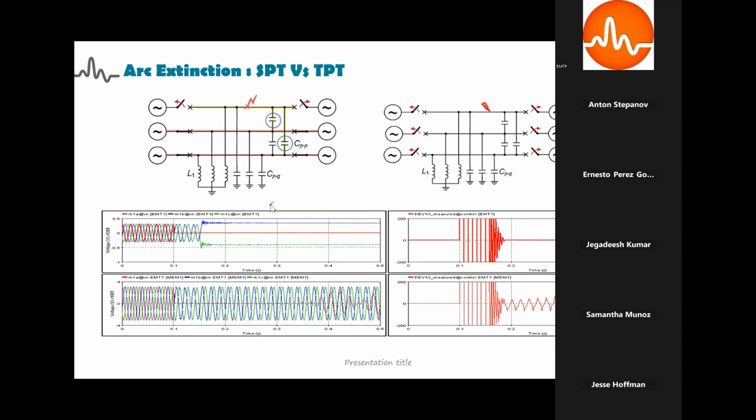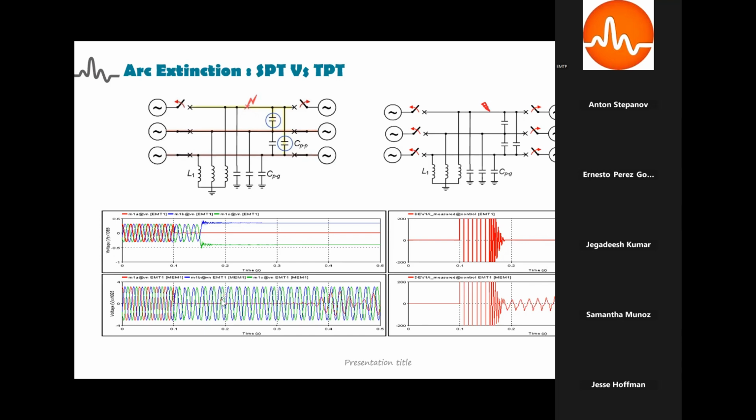This can be understood from this EMTP simulation. The first figure shows triple pole tripping, where all three phases are tripped and de-energized. To the right, we can see that there is no secondary arc. The arc is extinguished quickly, immediately after the opening of the circuit breakers.